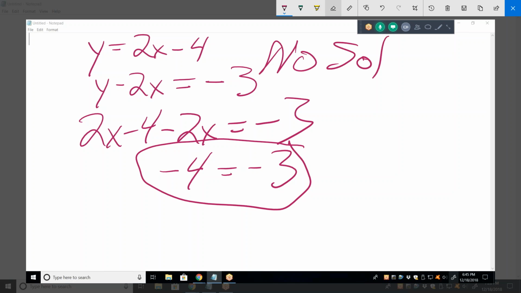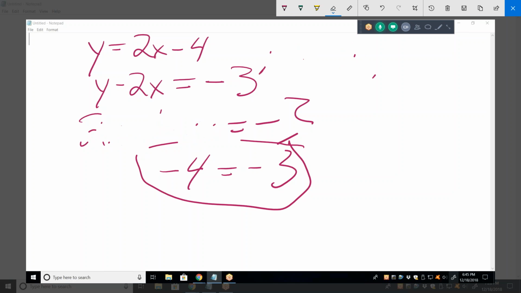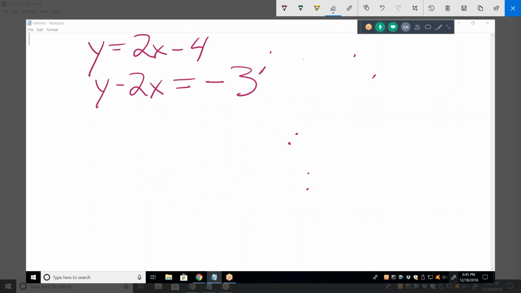Now, notice what I could have gotten there a little quicker by using elimination, I think. What if I take that first equation and move the 2x over? That's all I'm going to do. I'm going to move the 2x over. So it gives you y minus 2x equals negative 4, right?